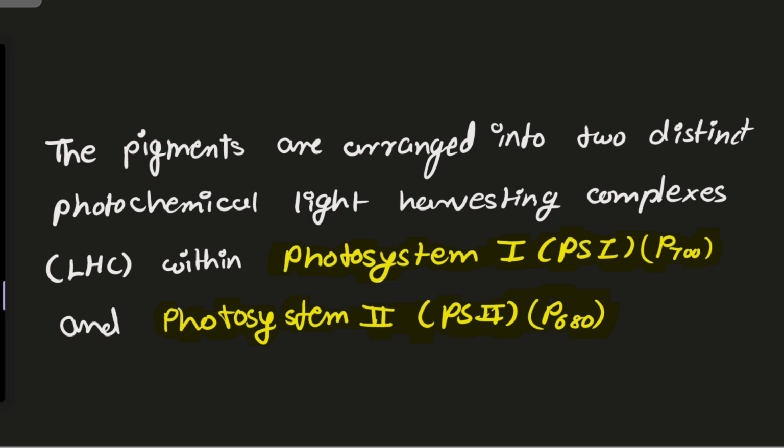The pigments are arranged into two distinct photochemical light harvesting complexes, that is LHC, within photosystem 1, which absorbs light maximum at 700 nanometers, and photosystem 2, which has 680 nanometers.